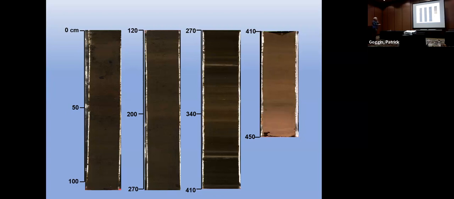A couple things to notice visually: you see this reddish brown color. This is mostly clay with a little bit of sand mixed in, but it's mostly just clay. It's a little hard to see in these photos on the screen, but essentially these first two panels all looked the same.